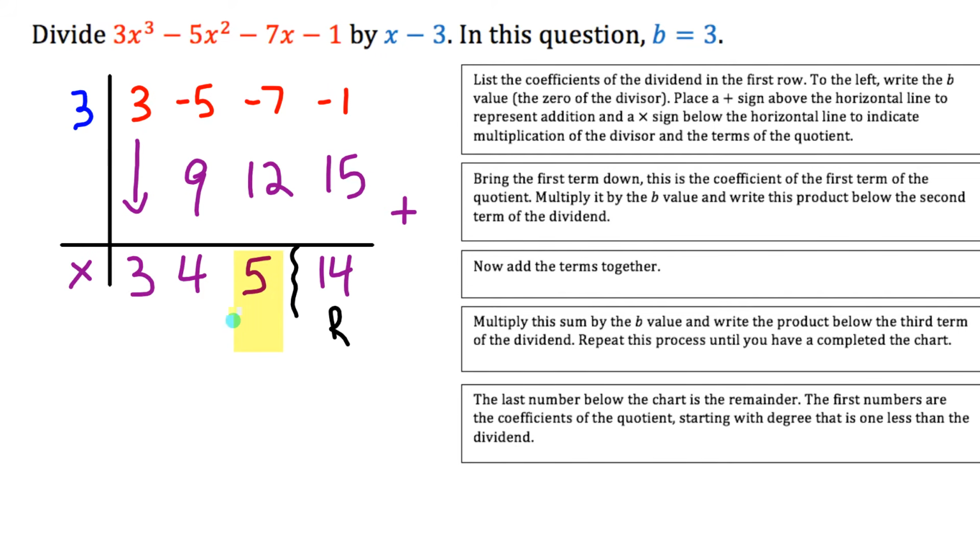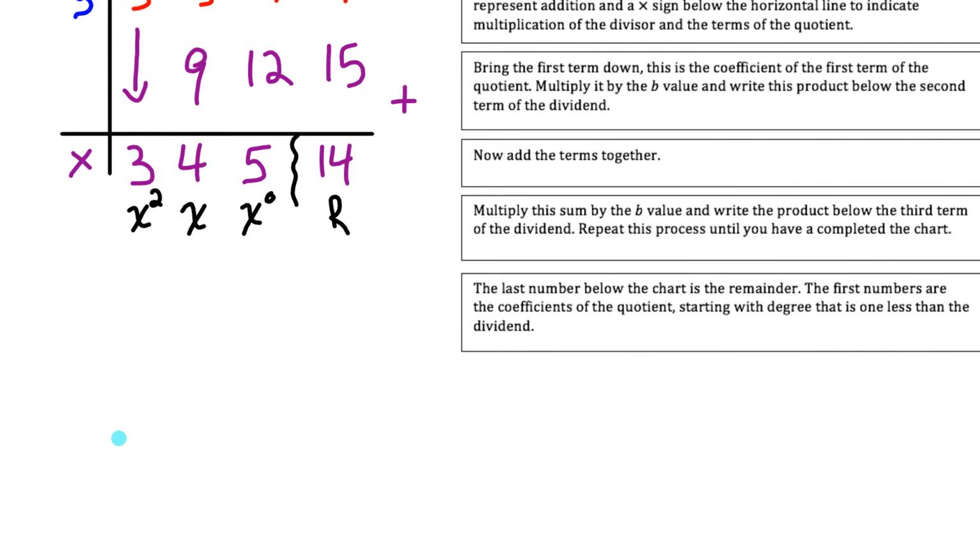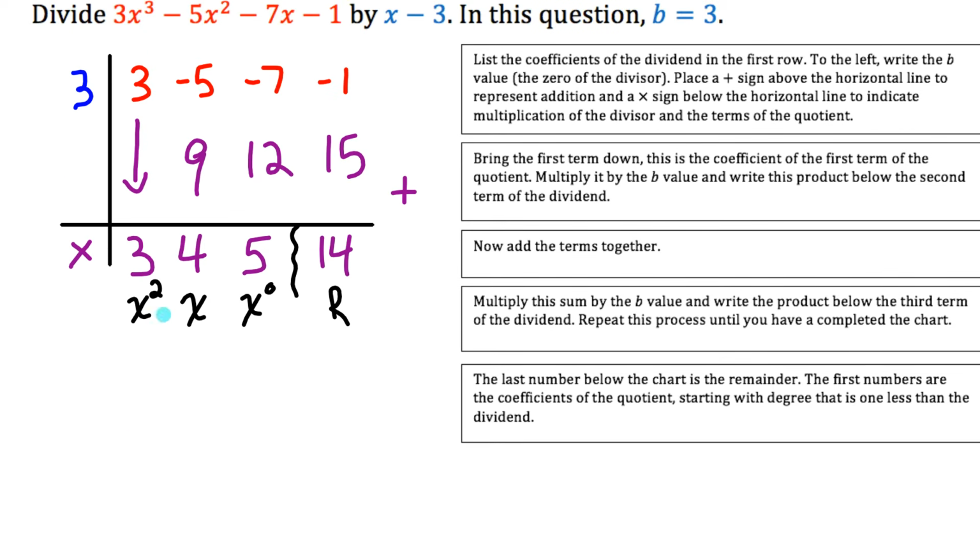So 5 would be the constant term because that would be the coefficient of the x to the 0. 4 would be the coefficient of x to the 1, and 3 would be the coefficient of x squared. And if there was another number, that would be the coefficient of x cubed, and so on. So our quotient is 3x squared plus 4x plus 5 with the remainder of 14.